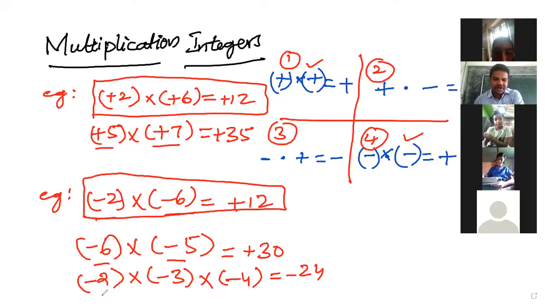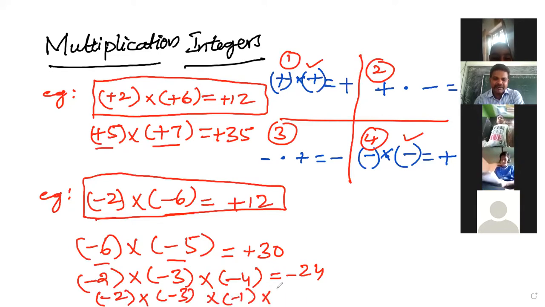If we take four numbers, -2 into -3 into -1 into -2. Now there are four integers I have to multiply. This time what will be the result? What is the symbol for the result? 1, 2, 3, 4. There are four integers we have to multiply, so we get a positive symbol. If the number of integers in the multiplication is odd, we get negative, especially if all integers are negative.